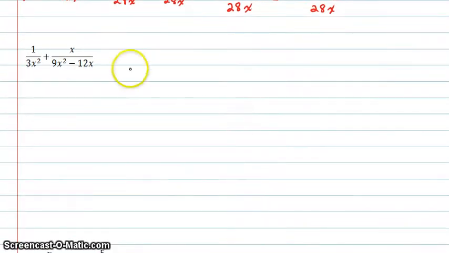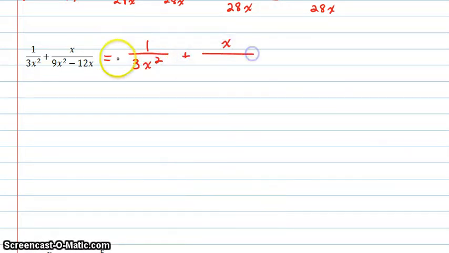Okay, so let's look at this second example here. I have 1 over 3x squared plus x over 9x squared minus 12x. So we want to rewrite both of these in factored form. So this is the same as 1 over 3x squared, which can't be factored any further. Okay? Then I want to factor the denominator here. 9x squared minus 12x.